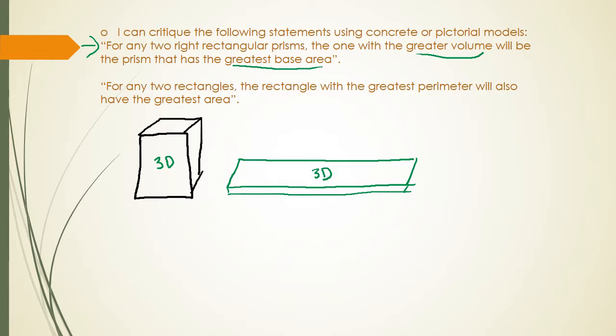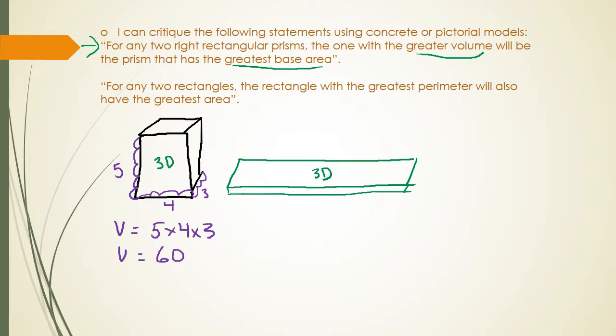Let's say that my base area, I don't know, 1, 2, 3, 4 times 1, 2, 3, 4, 5, and 1, 2, 3. Okay, so volume equals 5 times 4 times 3, and that would give us 5 times 4 is 20, times 3 is 60.